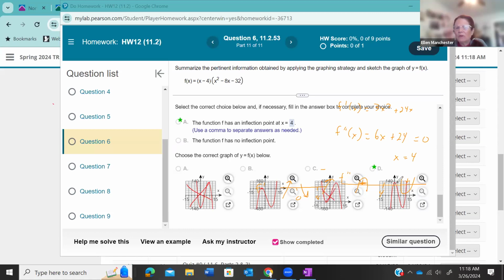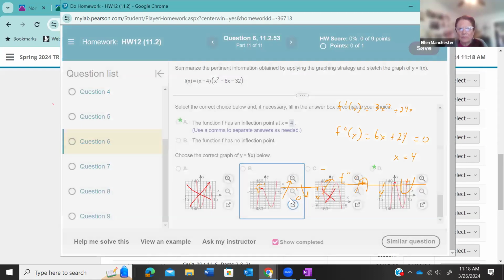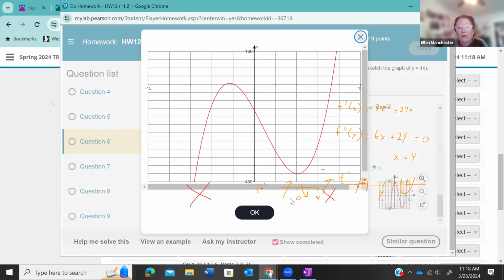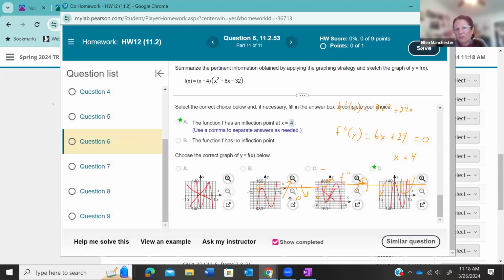But now we can look and go, all right, if our maximum is at 0, here's 0 right here when x is 0. But look at this one. Let me make it bigger. This b. So b, the maximum is at -1 point something. So that's why I know that one's out. So it really is a process of elimination. It has to be D because my max is at 0.